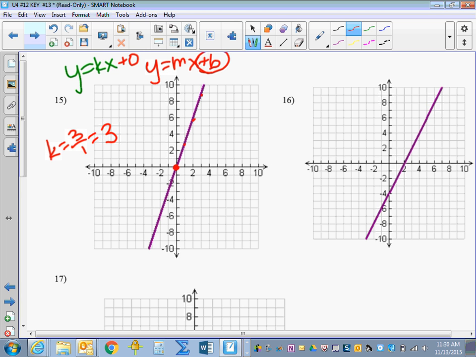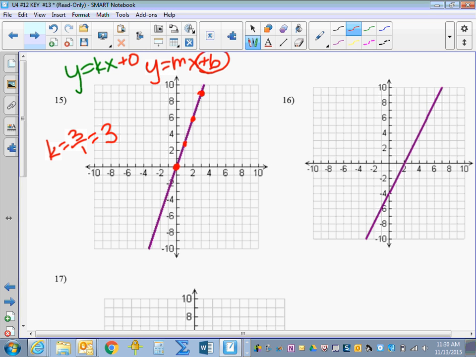For number 15 here, it goes through the origin, and then we look to make sure that it does indeed have a slope of some value. Your slope needs to be either a whole number or a fraction, but it needs to be the same number each time. So here I look and I go up 3 over 1. Up 3 over 1. Up 3 over 1.